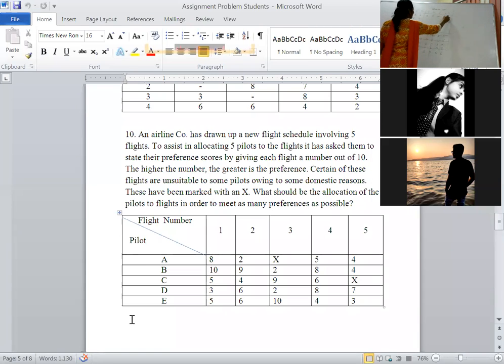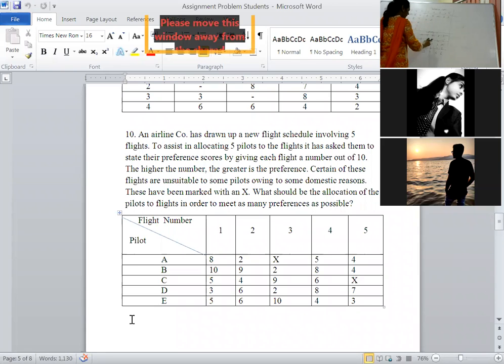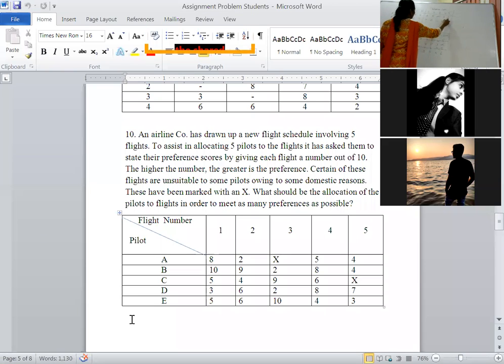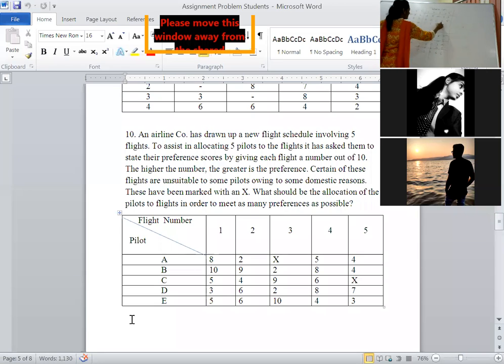Next, 3, 3, 0, 0. Here 8 plus 3 is 11, 2, 5. Next, 4 minus 3, 4 minus 3, 0, 3 minus 3, infinite, then 5, 1. Here 6 plus 3 is 9, 0, 0.